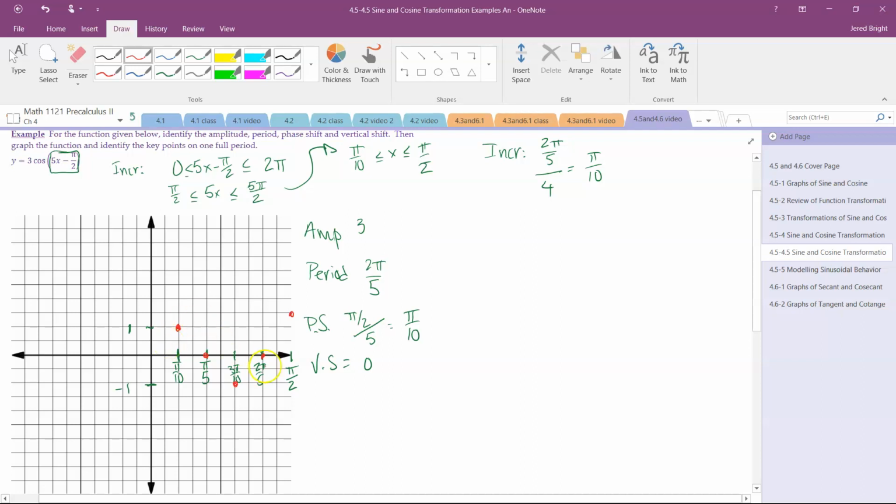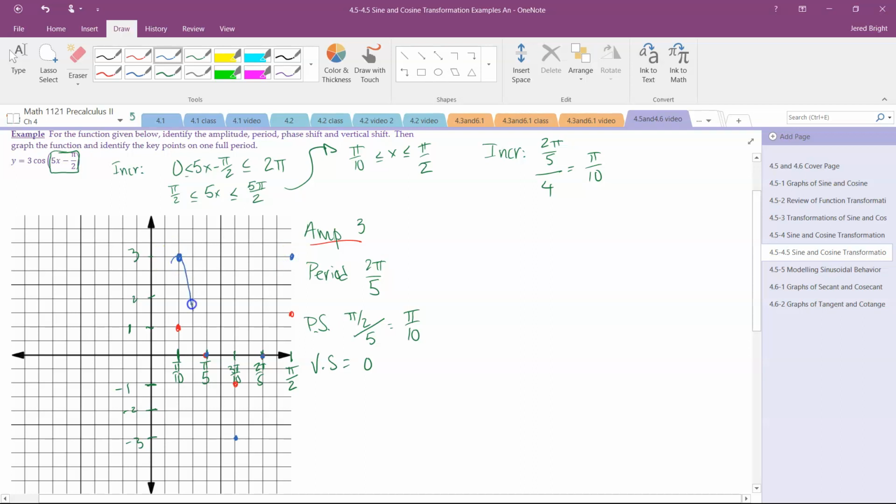Okay, so you would have these general points. Now the only thing that I haven't taken into account is the amplitude. So all I have to do is make sure to stretch this vertically by 3 units, 2 and 3, and similarly here 2 and 3. And so my final graph should be just 3, 0, minus 3, 0, 3.